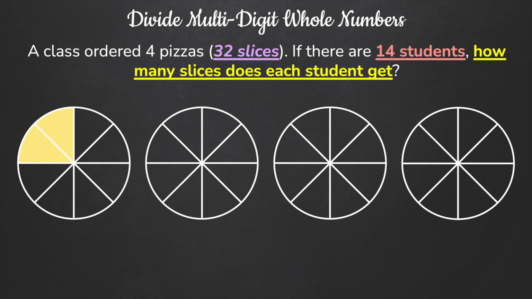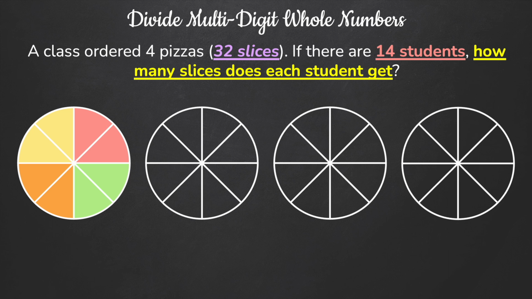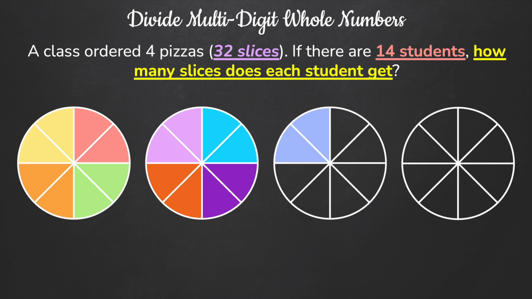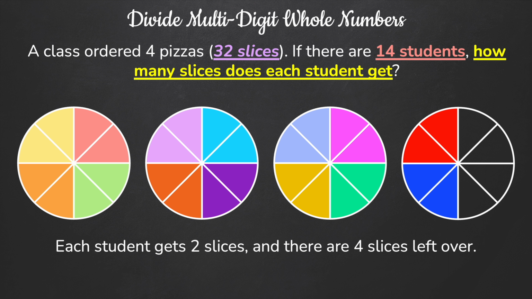So the first student gets 2, the second student gets 2, and so on, all the way to our 14th student, who also gets 2. So that is where the 2 ties in, and the 4 that we have as a remainder means that there are 4 slices left over.